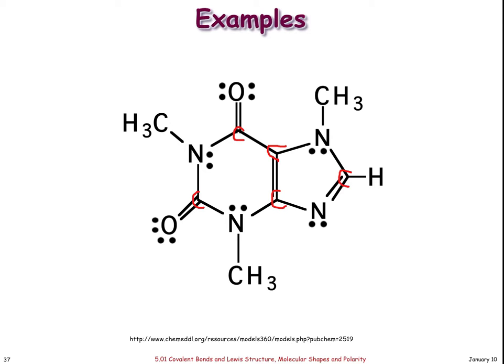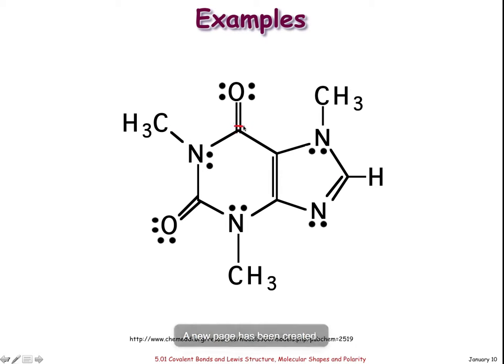Now we can figure out the molecular geometry around each of these atoms. The way you do that is count spokes. This nitrogen has 1, 2, 3, 4. It's got 4 spokes, 3 bonded atoms and 1 lone pair. That's a pyramidal geometry.